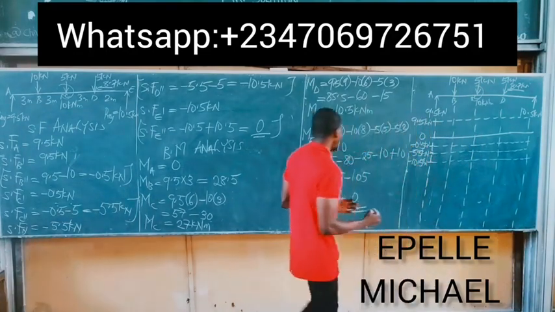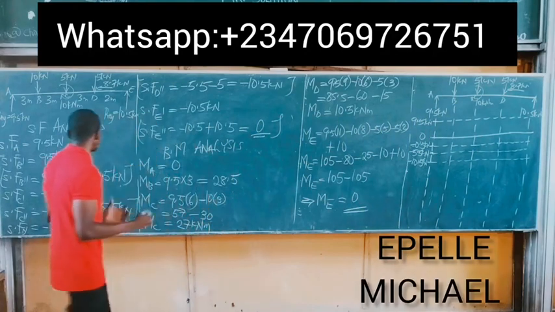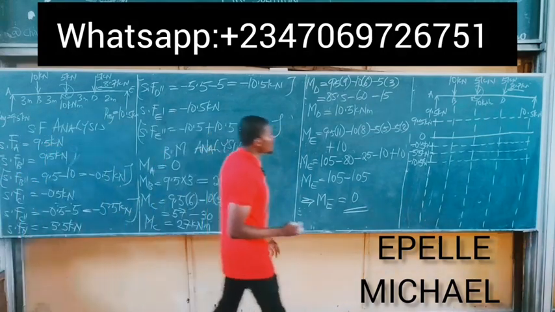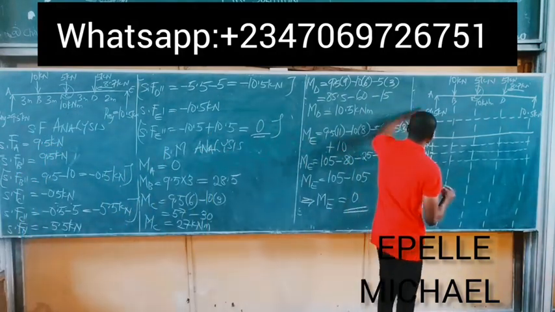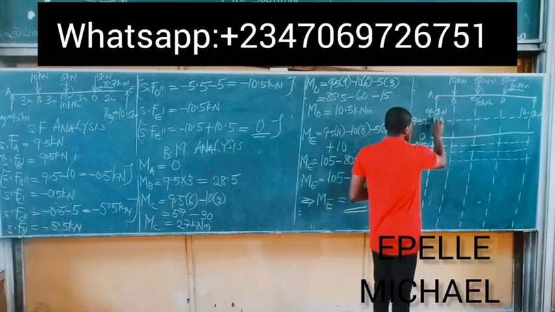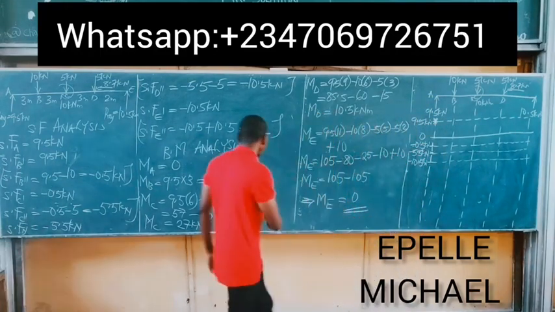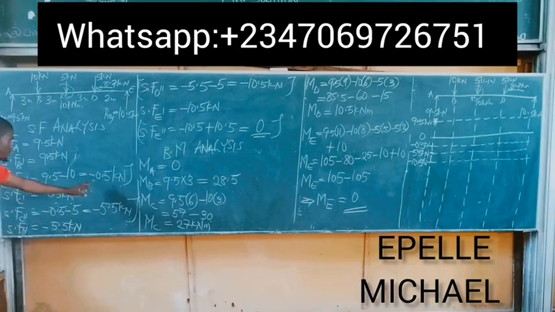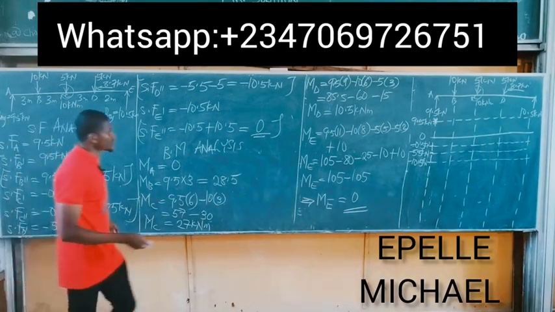Of course, you can use your graph sheets to do this with appropriate scaling, but this is a freehand sketch. Now, from the analysis, shear force at A is simply 9.5 kilonewtons. This is line A, this is 9.5, so we asterisk that point. Shear force at B, which is B prime prime, is minus 0.5 kilonewtons.